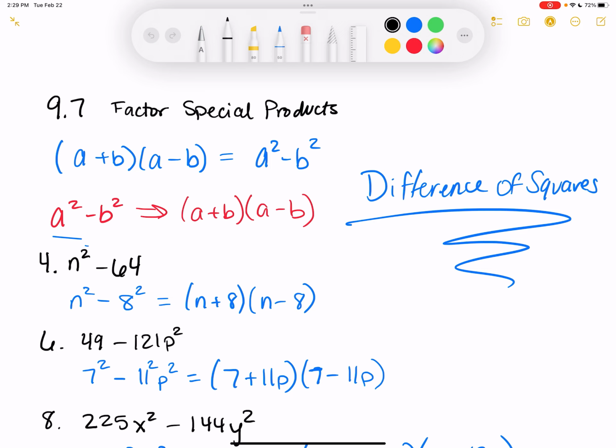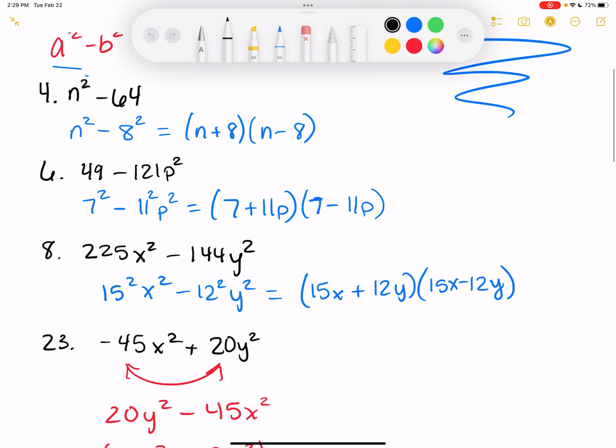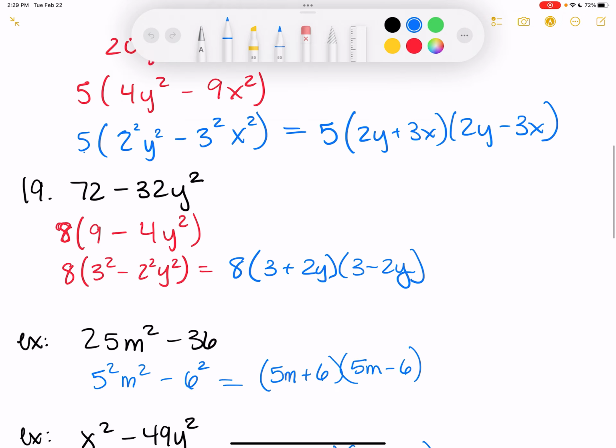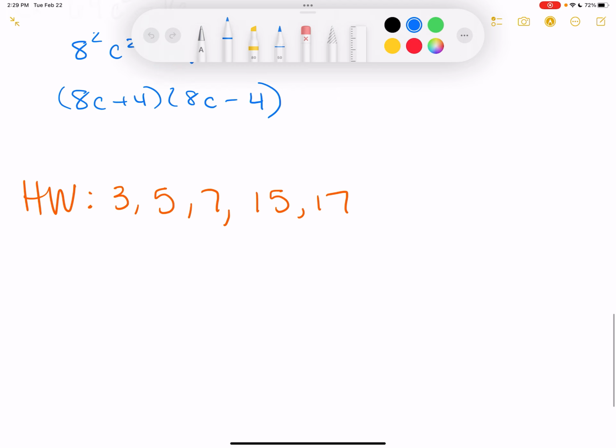We also have the special type of the perfect square trinomial. So that would be something like the reverse of it. If I told you to do a plus b squared, and then I told you that that's equal to a squared plus 2ab plus b squared, that's one of the options we had.